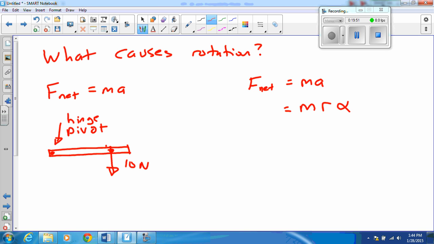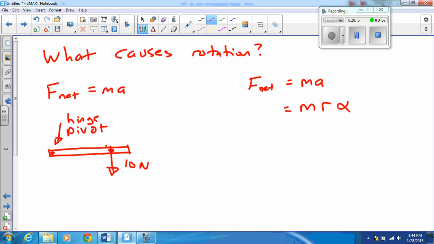And so now we consider, what kind of effect exactly does this force have? What we saw from the Evan-Blake experiment is that the further out that force is applied, the greater tendency it has to cause rotation. That's our big idea.